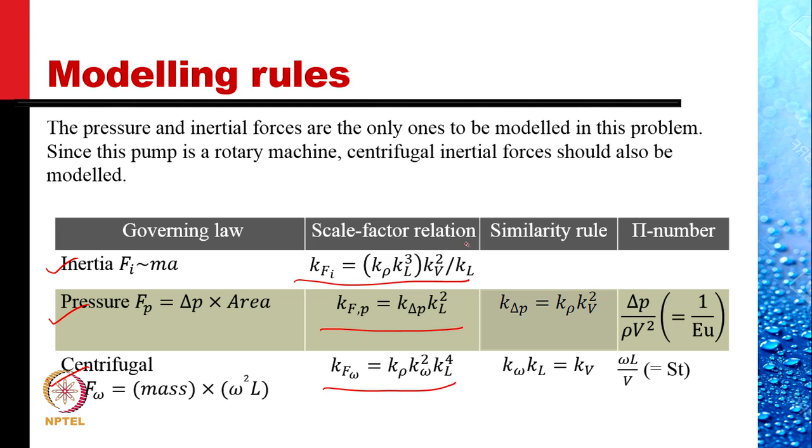From these two, equating these two, we get the scale factor for the pressure difference is equal to the scale factor for the density times the scale factor for the velocity squared.